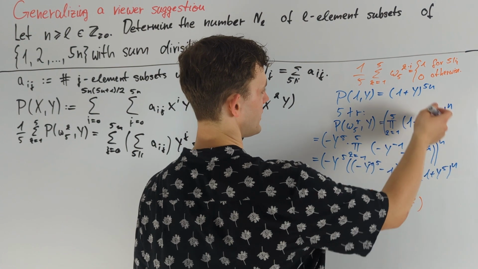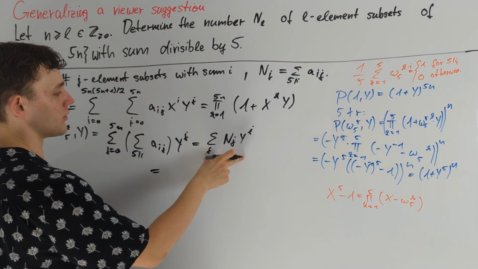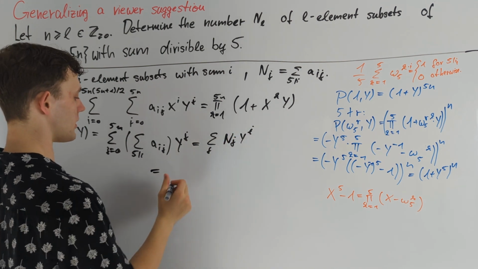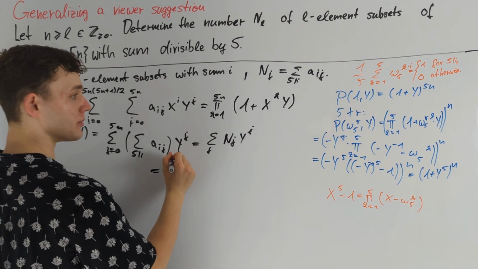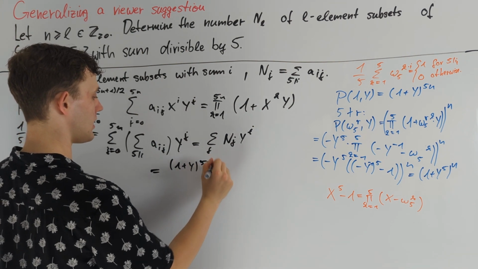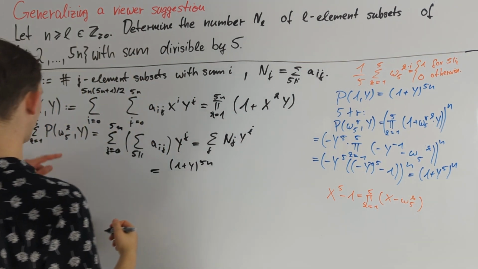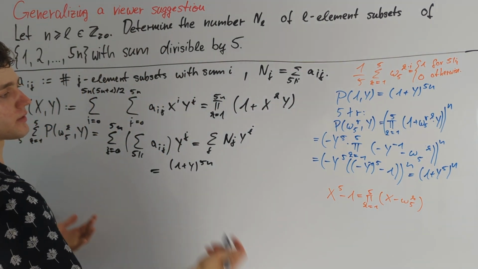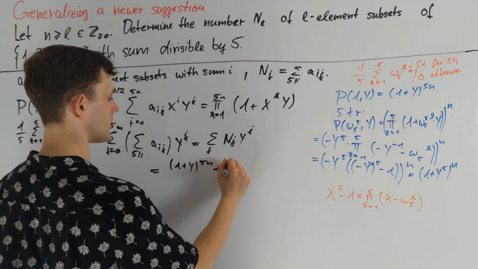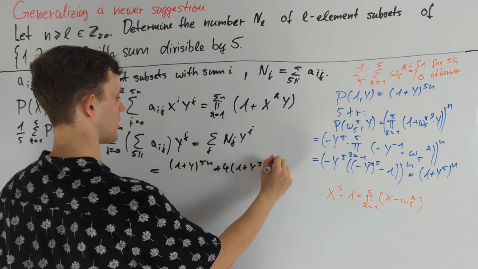We use this information to now get our final form for the sum over all j of n_j y^j. Namely, this is equal to (1 + y)^(5n) plus ((1 + y)^5)^n times 4, because we have 4 possible values for r here. So plus 4 times ((1 + y)^5)^n.